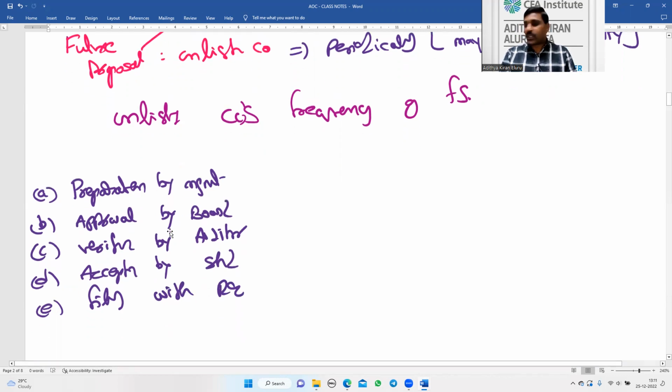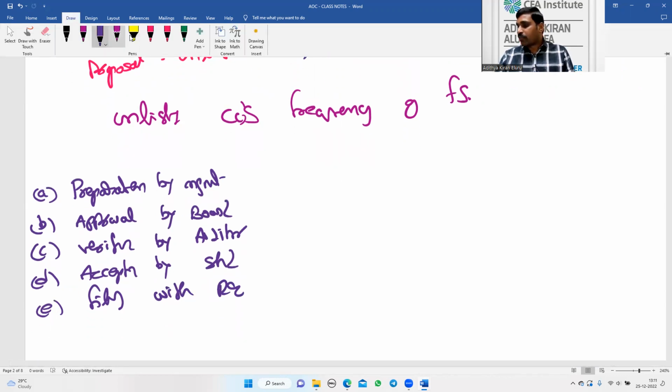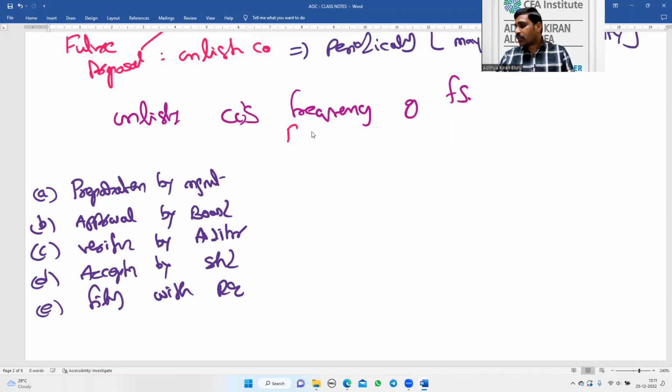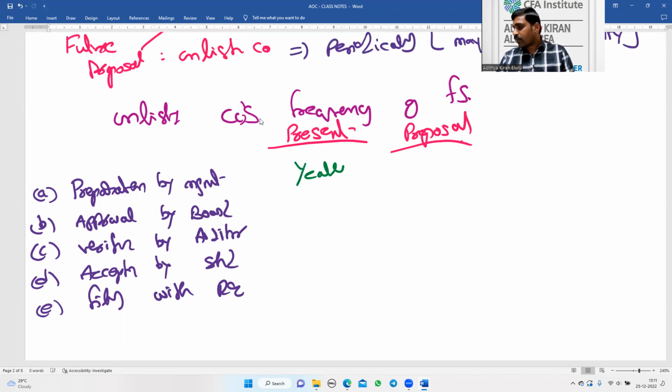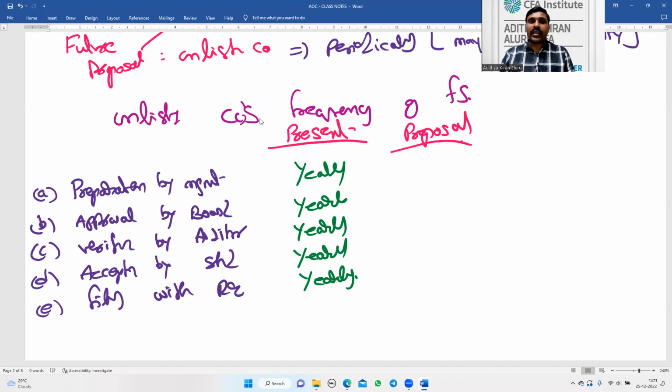For unlisted companies, what is the present and what is the proposal in future? At present, they are doing everything yearly only.